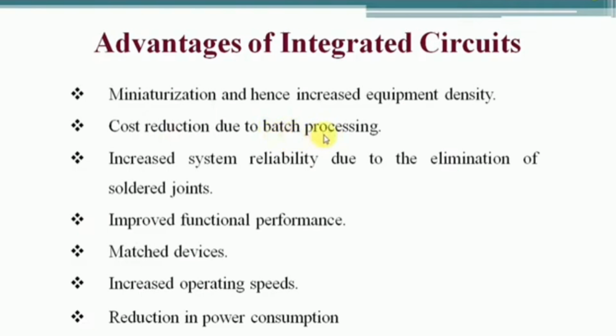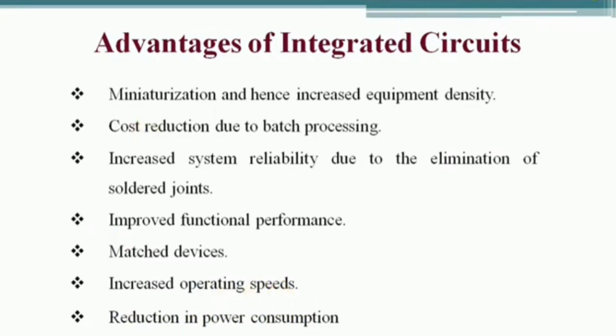Batch processing means multiple processes are involved while fabricating circuits on an IC. It also has better functional performance, and because of the absence of solder joints the system reliability will be more. The major advantage of an IC is that it has less power consumption and high operating speeds when compared to the discrete components.